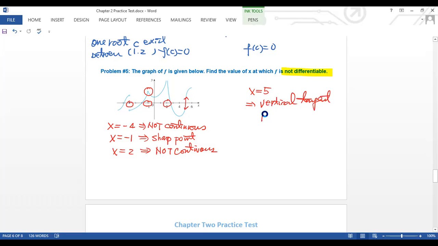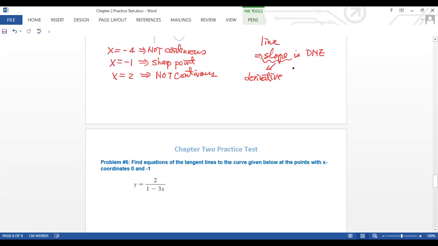So remember the vertical tangent line slope does not exist, right? We also know the slope is the derivative of the function. So if the slope does not exist, that means the derivative does not exist. That means it's not differentiable. All right.